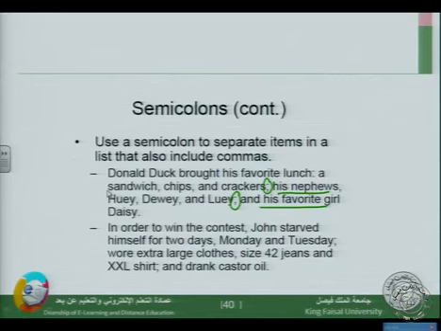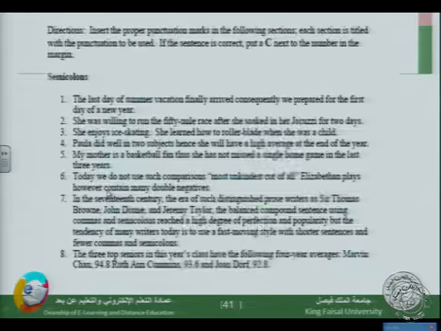In order to win the contest, John starved himself for 2 days, Monday and Tuesday; wore extra large clothes, size 24 jeans and XX shirt; and drank castor oil. So here we need to use a semicolon to separate items in a list that also include comments.